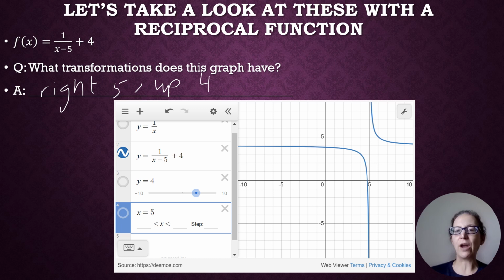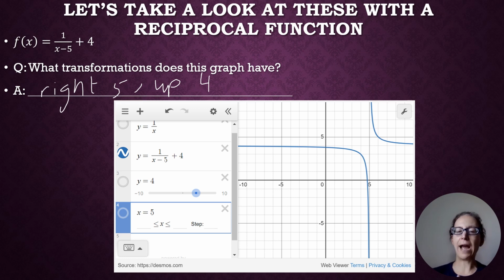I have what's called a horizontal asymptote at y is equal to 4. And now that I graph that in there, you can see it is getting closer and closer and closer to that green line, but not ever touching it. And then I have a vertical asymptote at x equals 5, and that is showing on that purple.